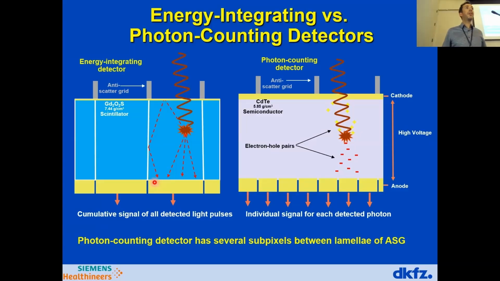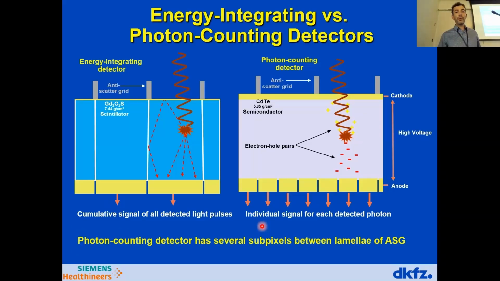And here we measure the cumulative signal of all the detected light pulses. And on the right side, with the photon counting detector, we use a semiconductor as a direct X-ray converter. And these photons create electron-hole pairs. And the number of these electron-hole pairs is proportional to the X-ray energy. And here we measure the individual photons, and this allows us a measurement of the energy information.